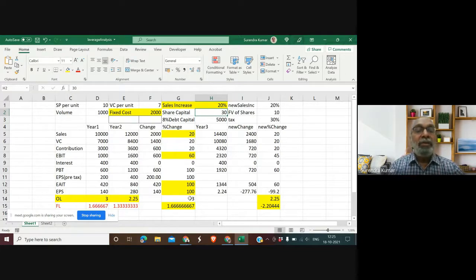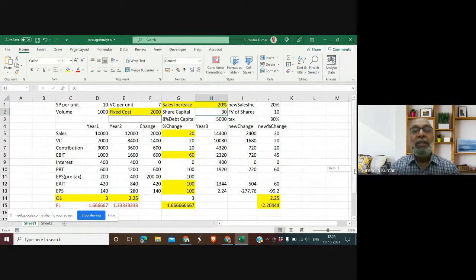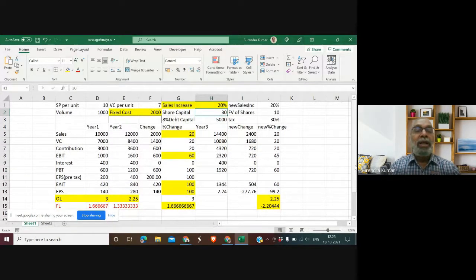And also my financial leverage doesn't change. In the first method, when I'm taking only year one information, in any case, that information is not changing. And in the second method, when I'm looking at the change, if my sales increases by 20%, my profit increases by 60%. So the relationship remains the same. That is, my operating leverage is 3.